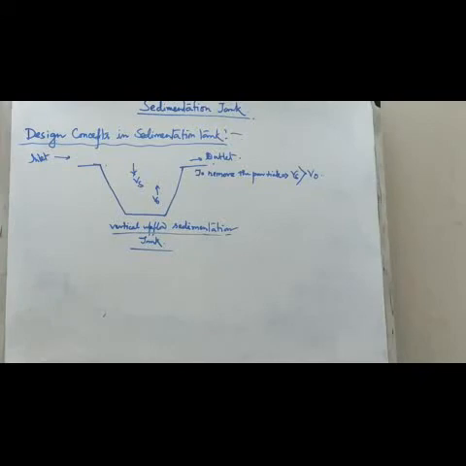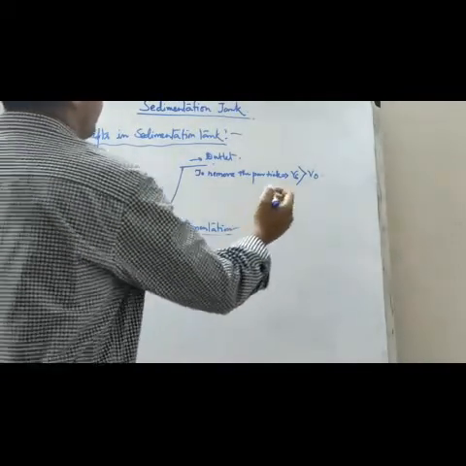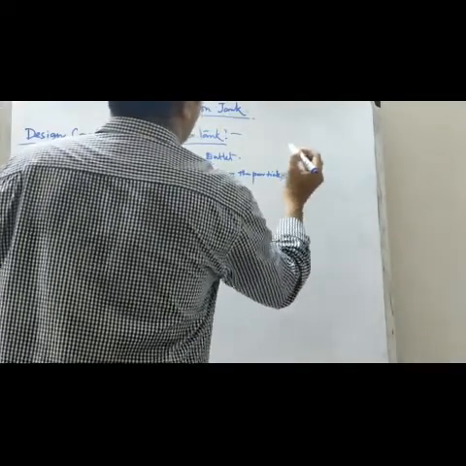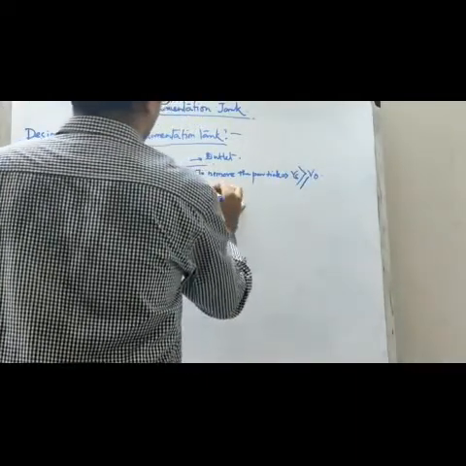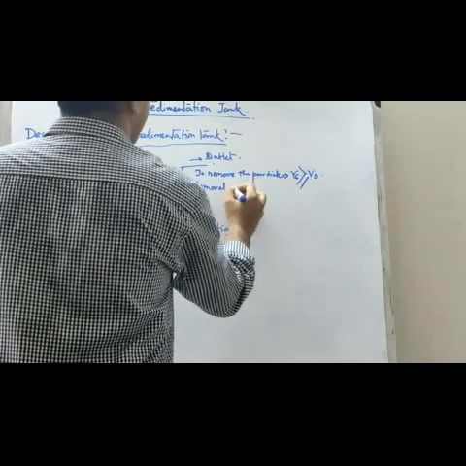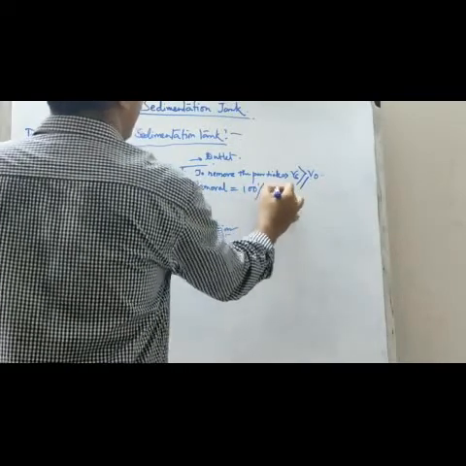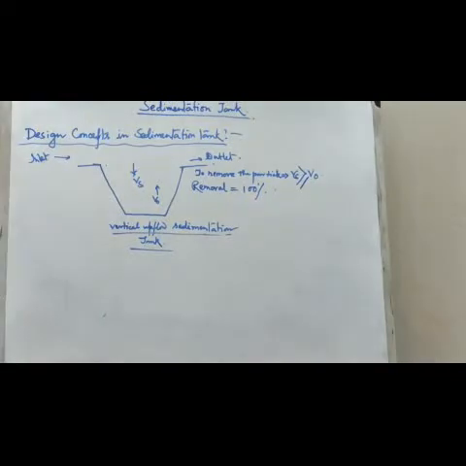If this happens, then one would expect 100% removal. If Vs is greater than V0, the removal percentage will be 100%, and it is an ideal condition. Now if Vs is less than V0, then what will happen?